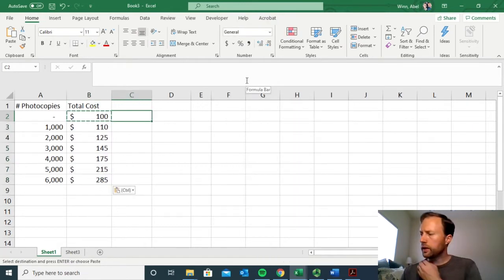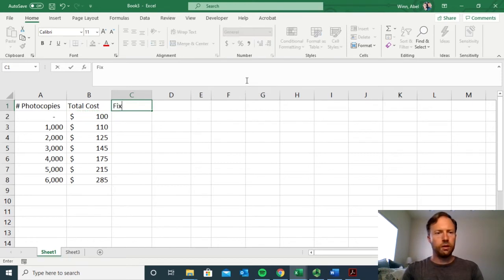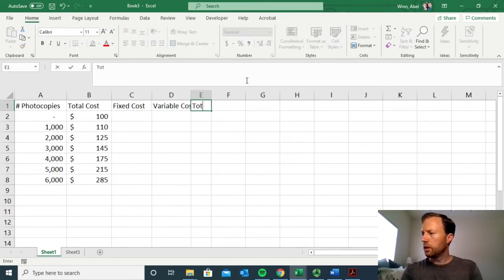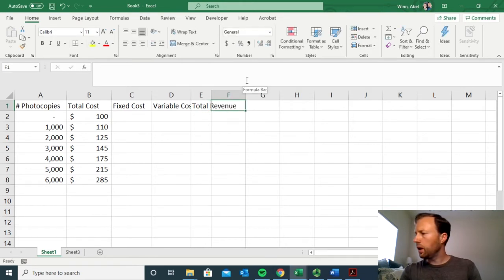Okay, so that's the total cost. Then they also give you fixed cost, variable cost, total revenue, and profit.